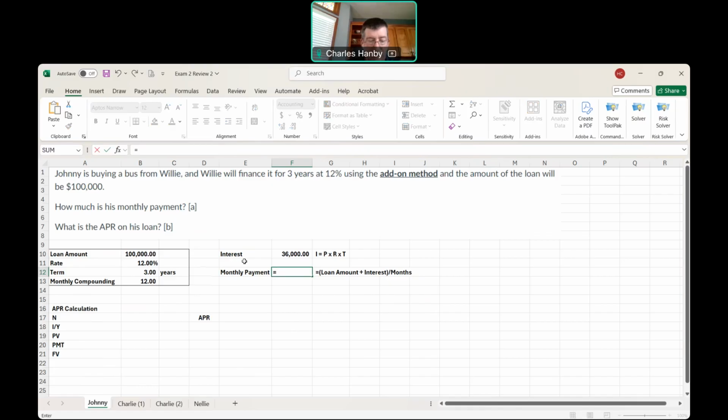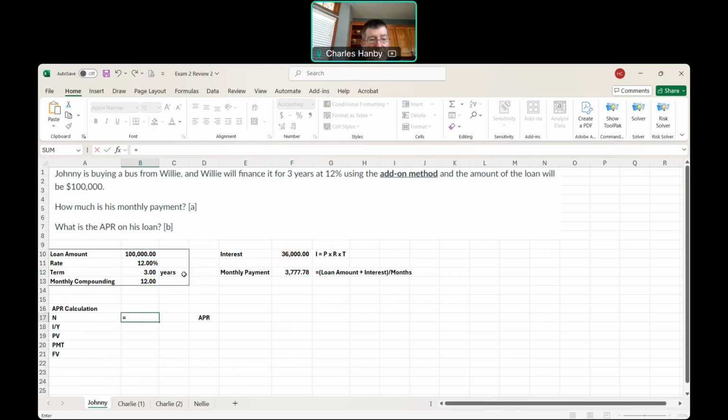So the payment is the principal plus the interest, and we need that in parentheses, and then we divide by the number of years times the number of compounding periods, or 3 times 12, or 36. So $3,778 is the monthly payment.